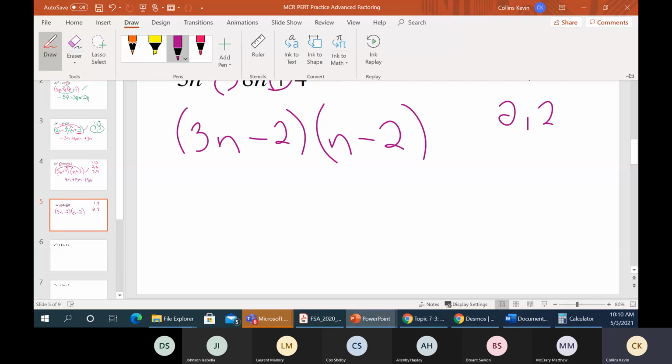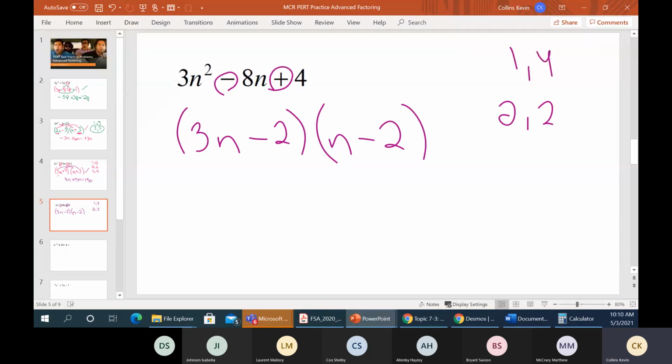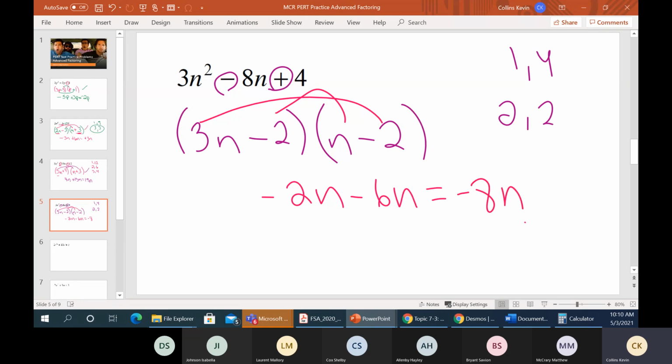And then we check them out to see if they work. So I got minus 2n, right? So minus 2 times n, minus 2n. Then I've got 3 times negative 2, that's going to be minus 6n. And minus 6 and minus 2 more is minus 8n. So again, if you get this guy to match, you're golden. Good. We're getting better at this all the time.